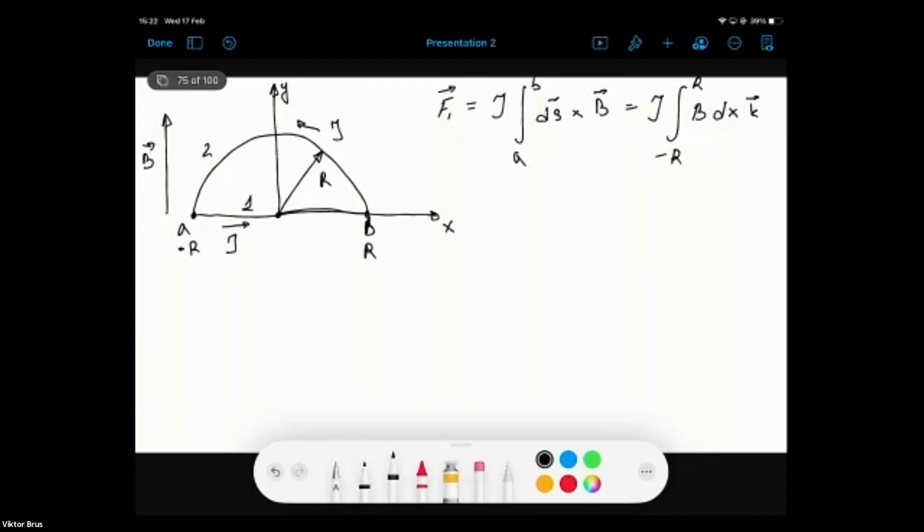Since it's the unit vector along axis z, it will define the direction from the plane of the image towards us.